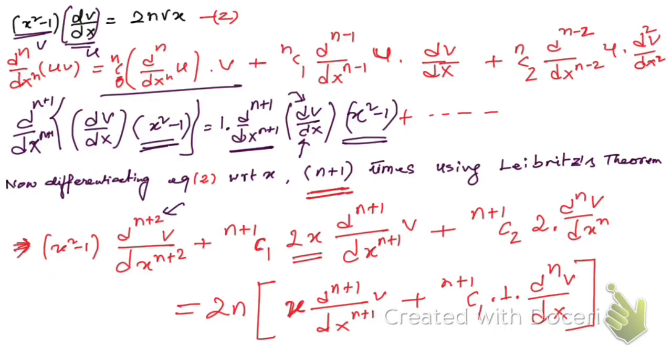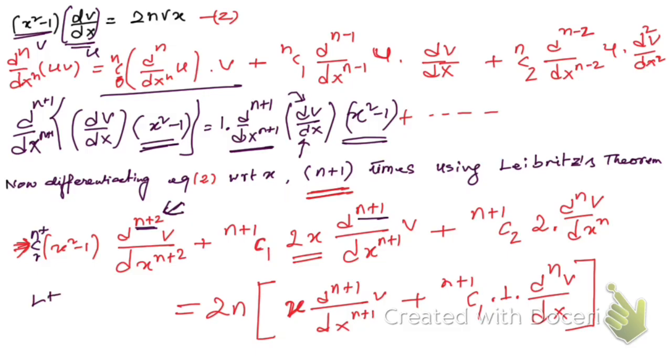In the second term, what we should get according to this formula, so now reduce this order of derivative by 1. So here the order of derivative is reduced by 1. Here it was n plus 2, now it is n plus 1. And here we had nc0, here n plus 1 c0 actually, in this case, as we are differentiating n plus 1 times.